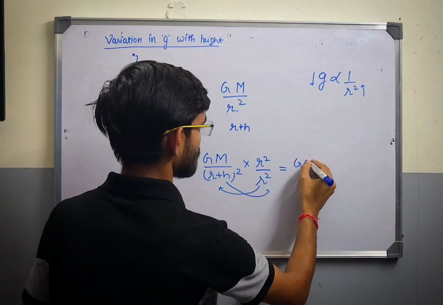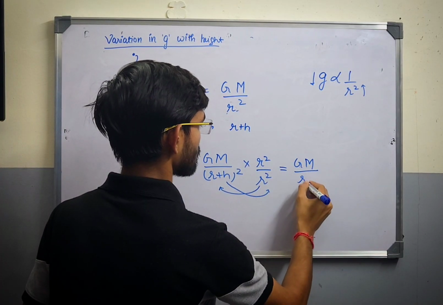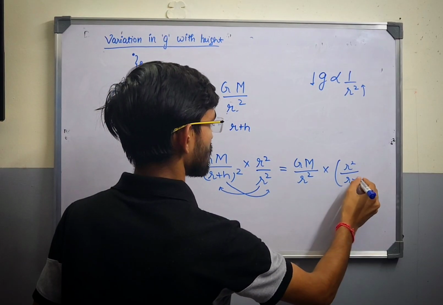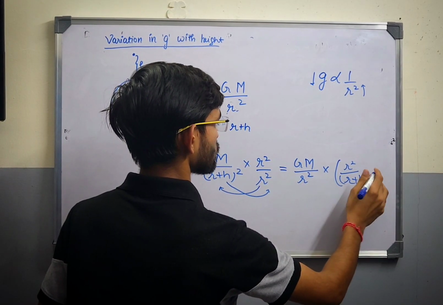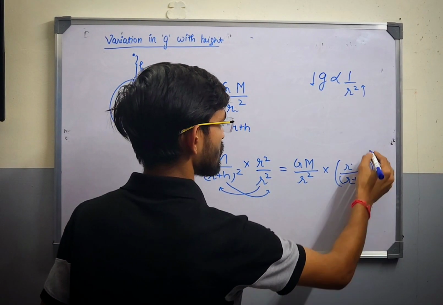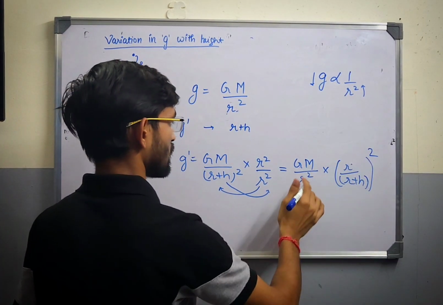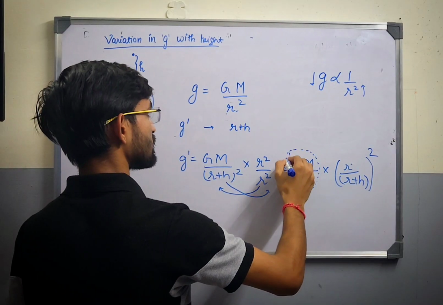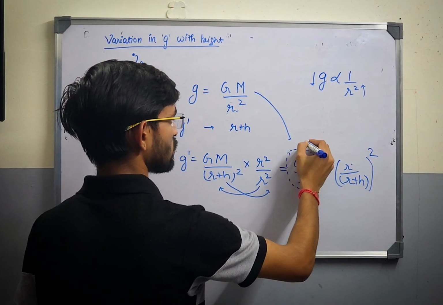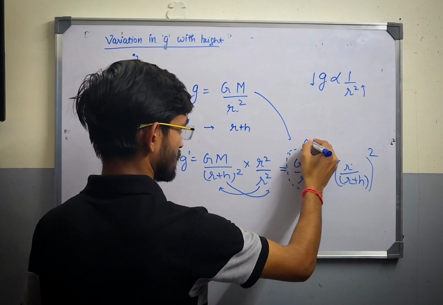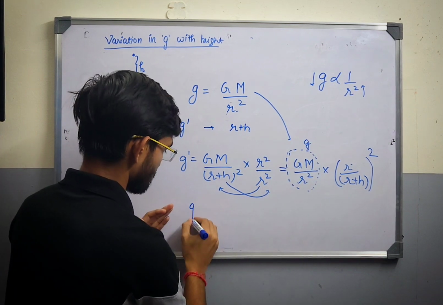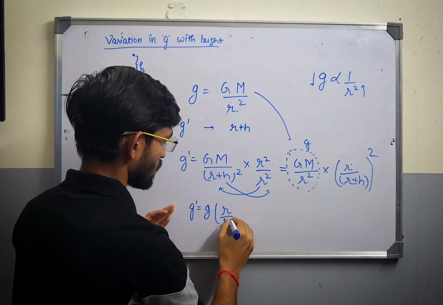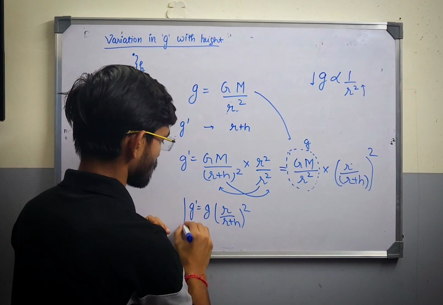So I can write G m upon r square into r square upon r plus h whole square. So I can write this as r upon r plus h whole square, and what is this term? This is acceleration due to gravity at the surface of Earth, and that will be represented by g. So g prime can be written as g into r upon r plus h whole square.